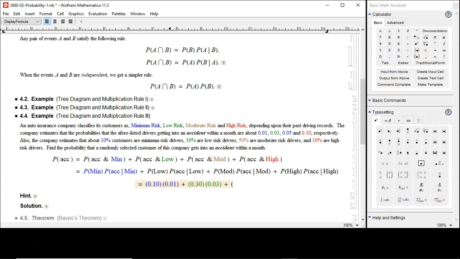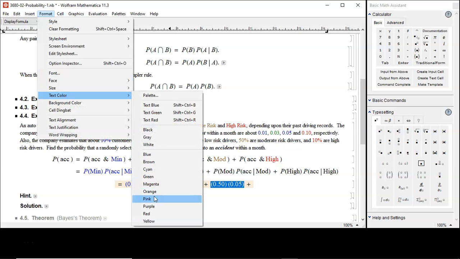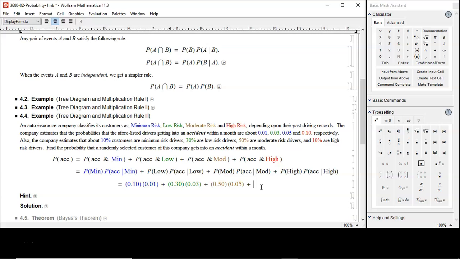And then moderate case, brown. And then finally, high-risk case.